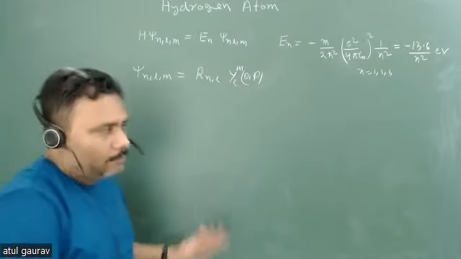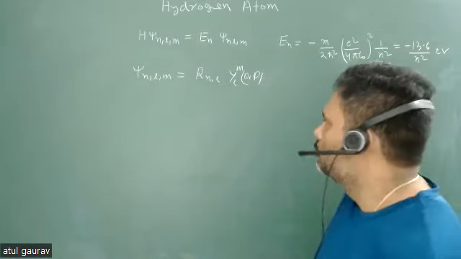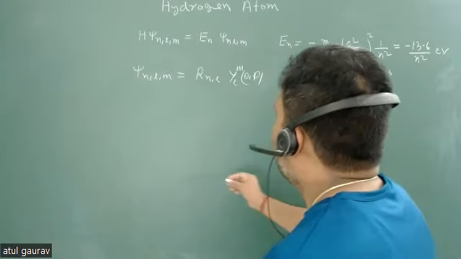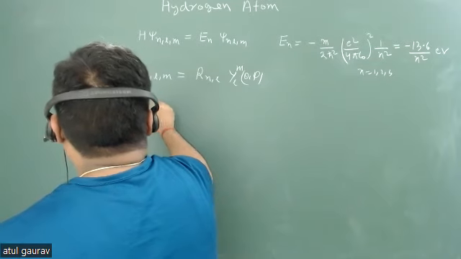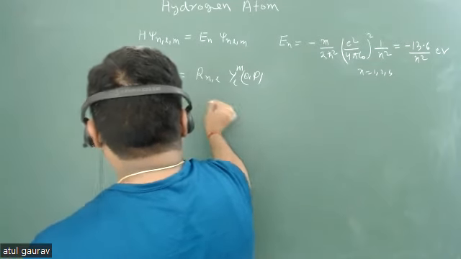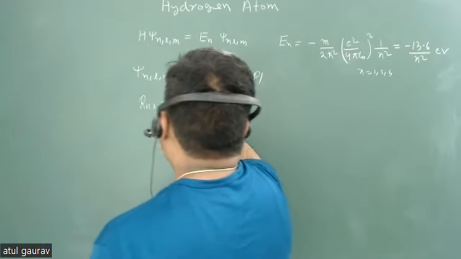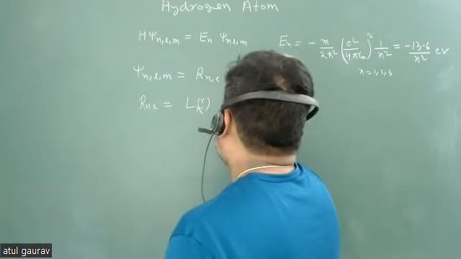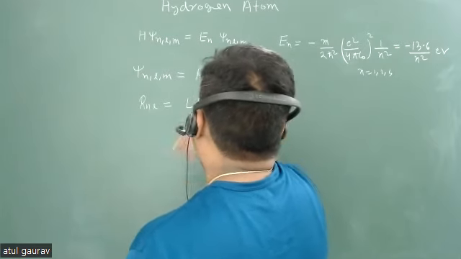We all know that angular momentum is conserved, so Y l m will also be a solution. And what is R n l? R n l is some algebraic function that is known as the Laguerre polynomial, so R as a function of rho into e to the power minus r by n a naught.